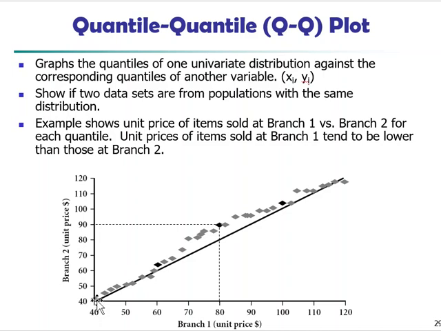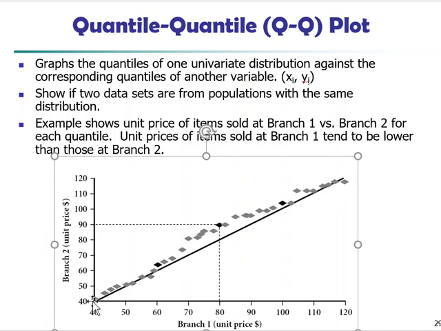The smallest unit price from branch 1 is paired up with the smallest unit price from branch 2. And the second smallest unit price is paired up with the second smallest unit price in branch 2. And we do the same for the rest of the unit prices.